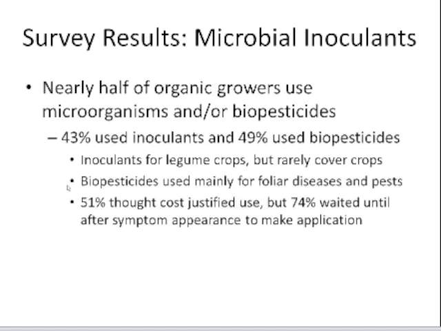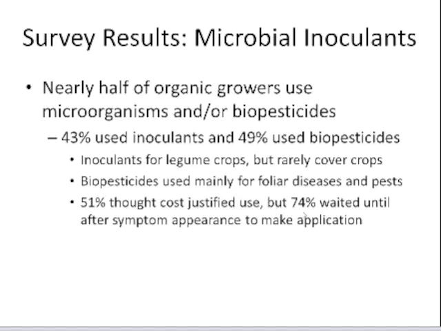The use of biopesticides was mainly for foliar diseases and pests, and this is partly a reflection that most growers don't pay much attention to soil-borne diseases unless they see dramatic yield losses relative to previous years. Most of the growers felt that the cost justified the use.